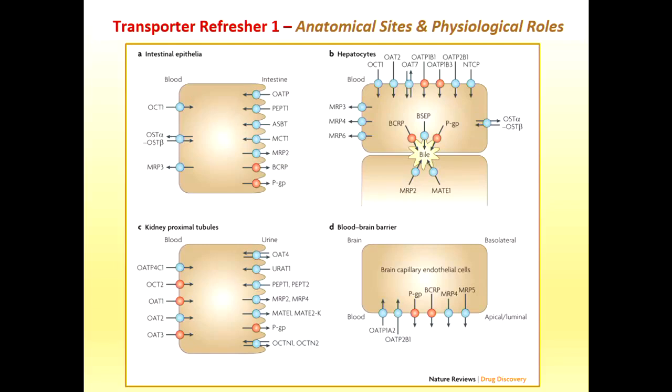And in particular, the one we're interested in is this OATP1B1 here, and it's a major player in bringing drugs into hepatocytes. So this is important because it has a role to play in ensuring substrate availability to P450 in the liver.